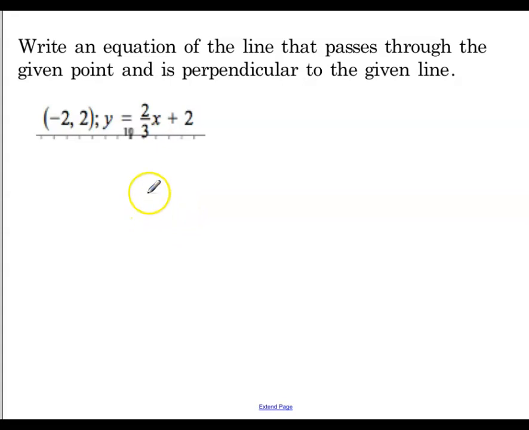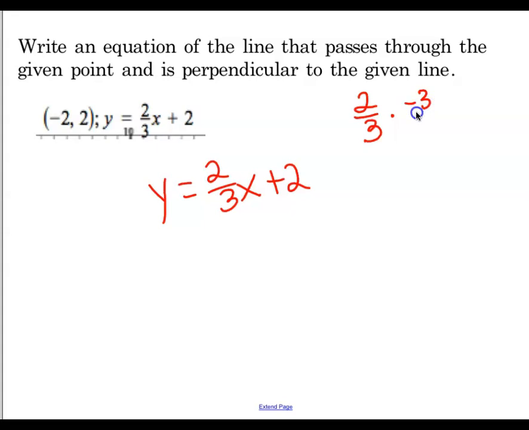That one might have been confusing to you, so I'm going to show you one more time, because perpendicular is a little different. So if the slope is 2/3, I need the negative reciprocal. So my new slope perpendicular is going to be negative 3/2. So I write it y equals negative 3/2 x plus b.